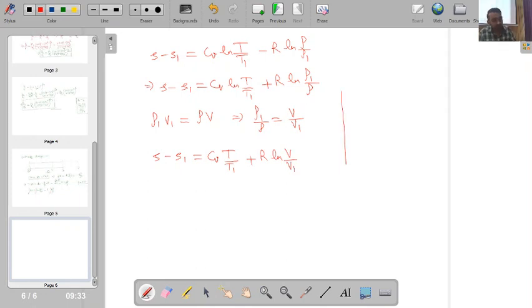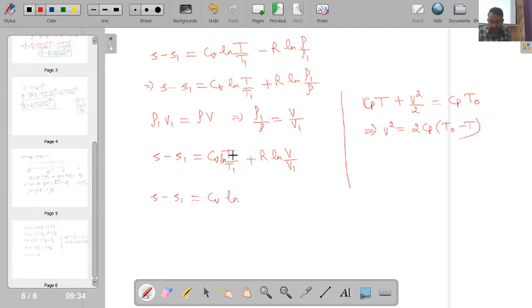Now from the energy equation I know that Cp times T plus V square by 2 is equal to Cp times T naught. This point is clear. So I can write V square as 2 times Cp into T naught minus T. Let me substitute this in place of V. So S minus S1 equals Cv times ln, sorry, here I missed one ln.